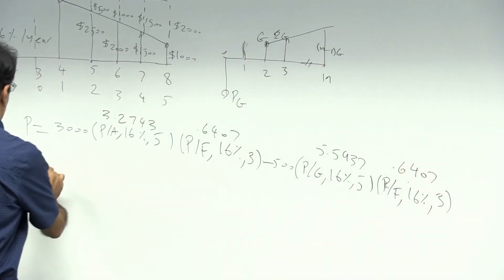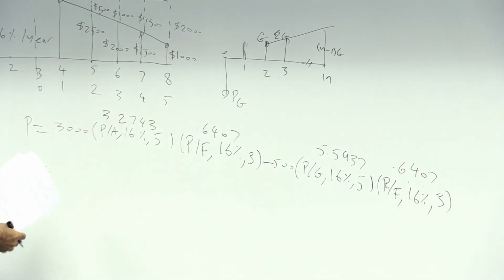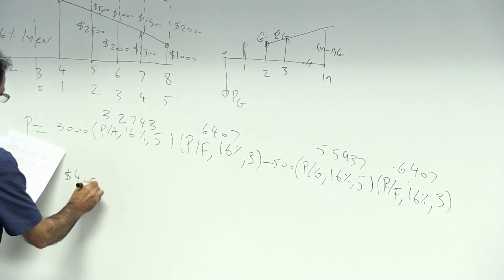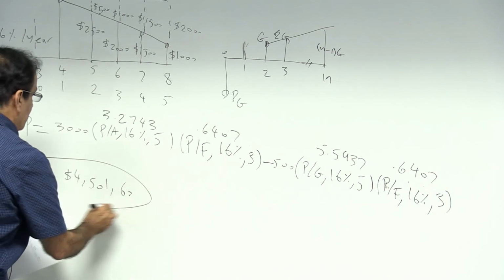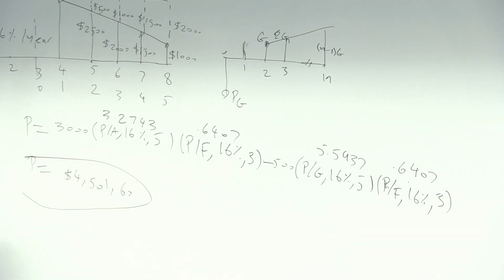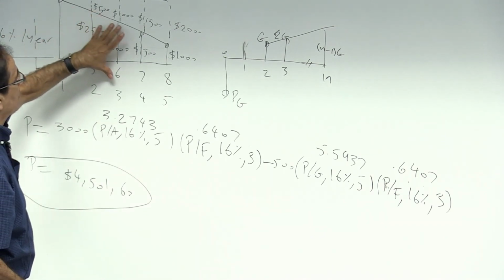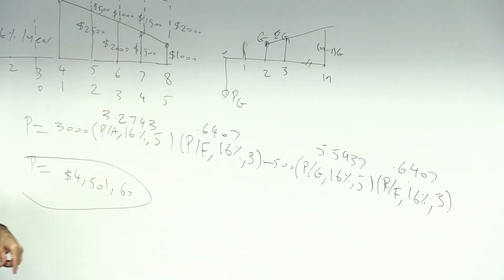If you multiply and simplify this equation, the P value is going to be equal to $4,501.60. That's going to be the present worth of those. It means if you deposit this amount of money at time 0, you're going to be able to withdraw 3,000 here, 2,500 at year 5, 2,000 at year 6, 1,500 at year 7, and 1,000 at the end of year 8.